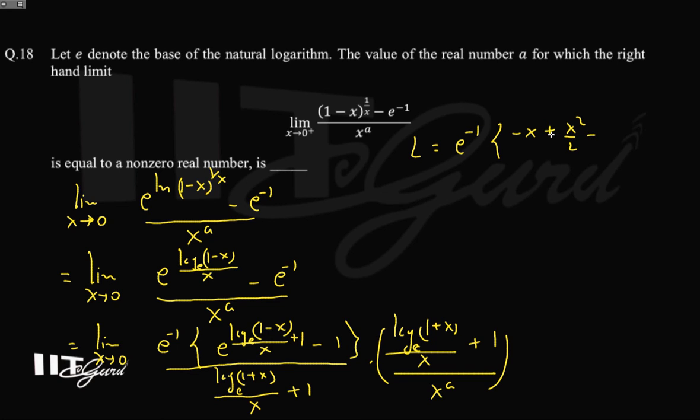So you know that log 1 plus x goes like this way: x cube by 3, and so on, dot dot dot, in the bracket here, and that is plus 1.